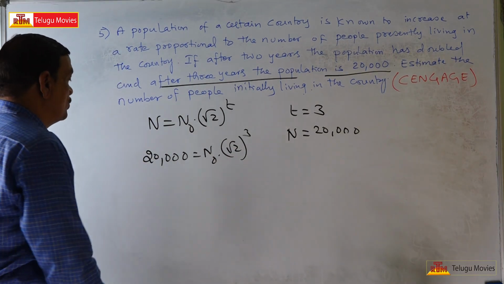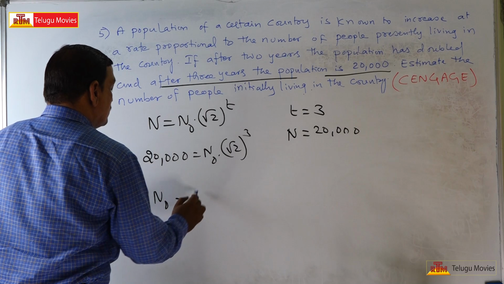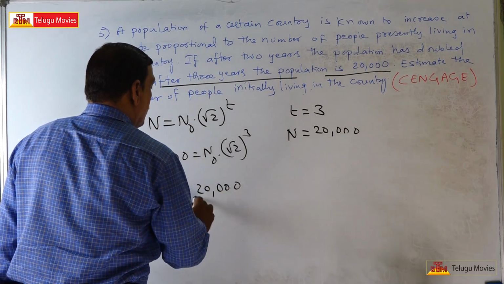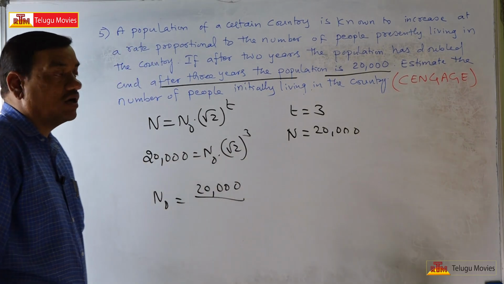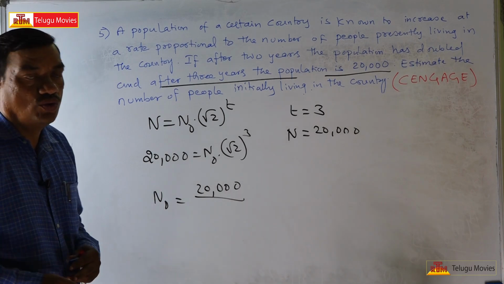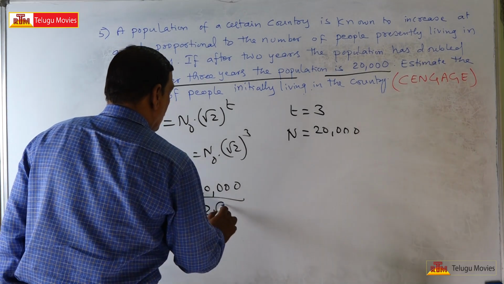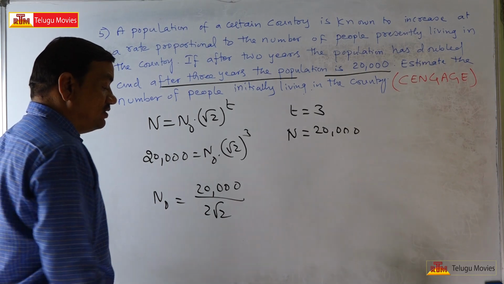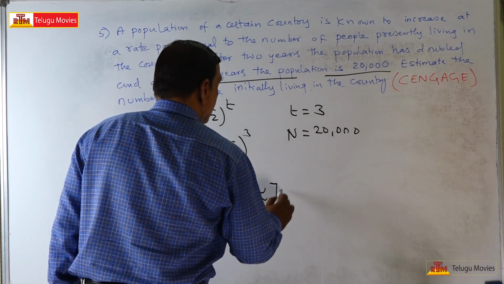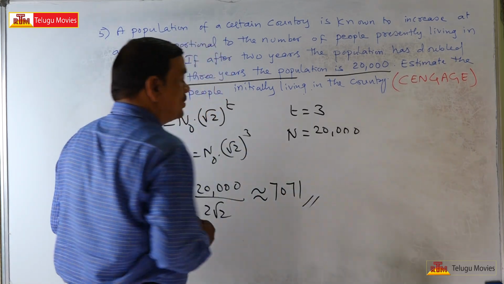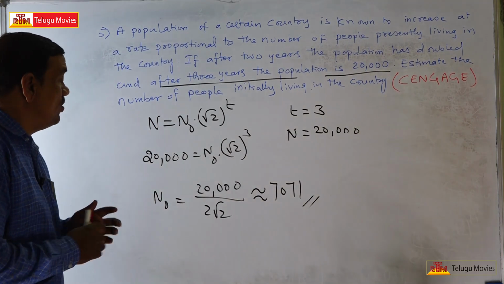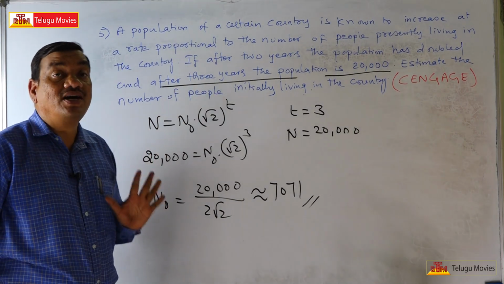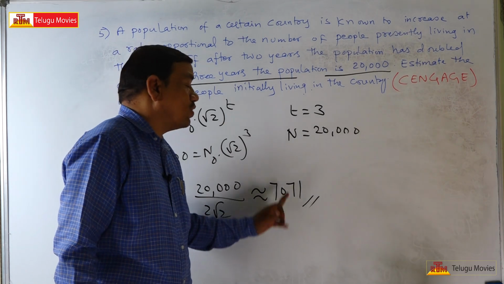So n naught is equal to 20,000 by root 2 whole cube, which means root 2 into root 2 into root 2, that is 2 root 2. This value is approximately 7071. So therefore, the initial population of that country is 7071.